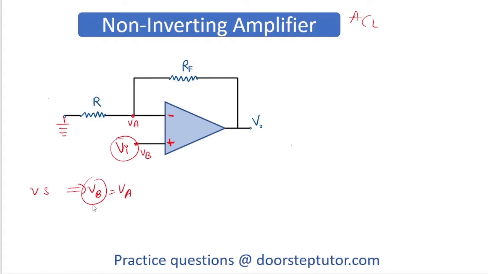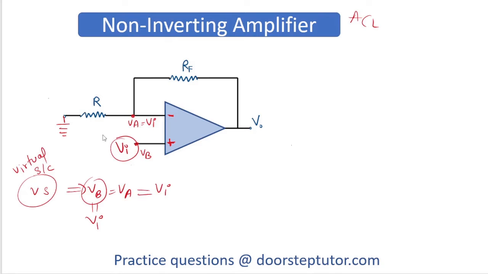Since node B is equal to Vi, node A will also have the same voltage, Vi. So at node A we have the voltage equal to Vi.